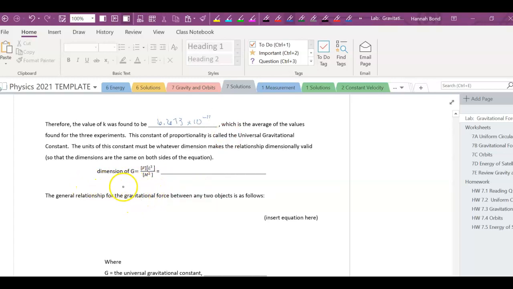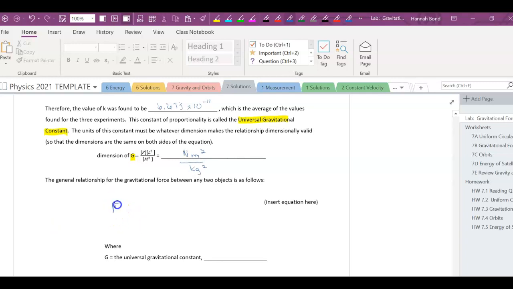In order to have our merged equation have newtons on both sides, then this constant K, which now we're going to call the universal gravitational constant, which is called G, it has to have units of Newton times meter squared divided by kilogram squared.